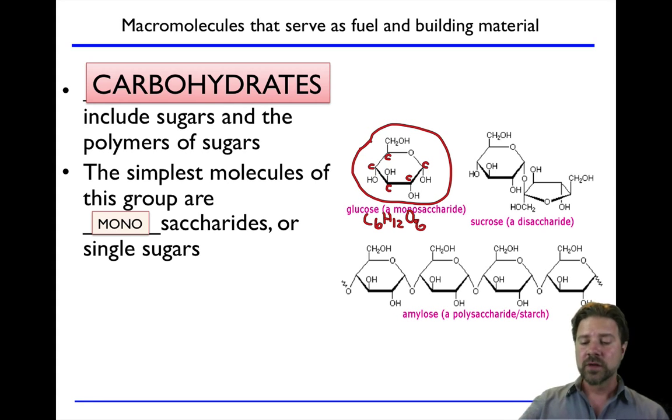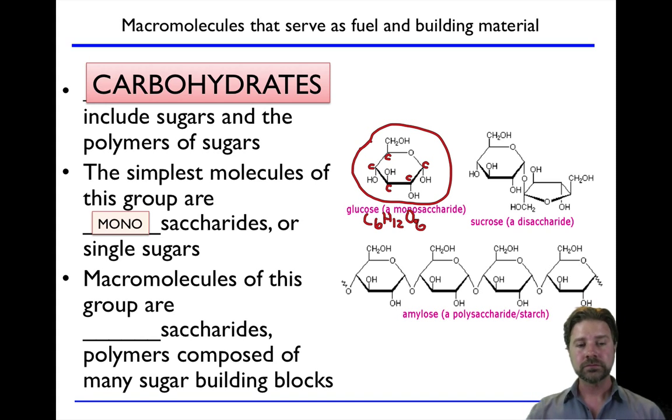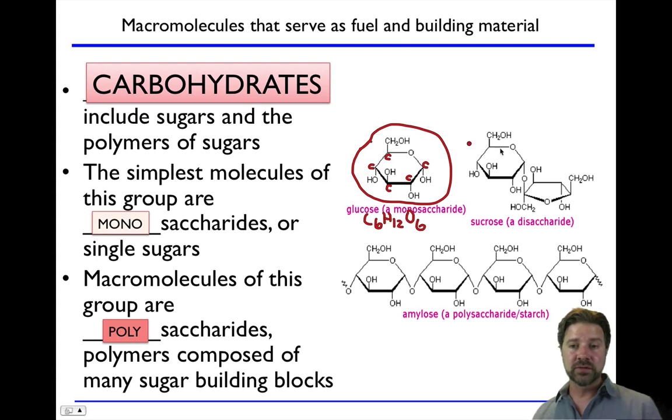All right, so our monosaccharides are single, simple sugars. Macromolecules, on the other hand, are going to be polysaccharides. That means two or more of these monosaccharides are going to bond together to form a larger structure. So in the case of sucrose, which you can see to the right here, you have a 6 carbon sugar right here, but it happens to be bonded to a 5 carbon sugar right here, this upside down pentagon.